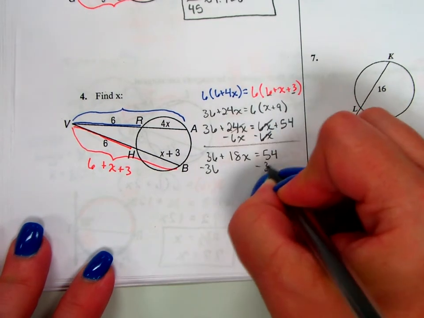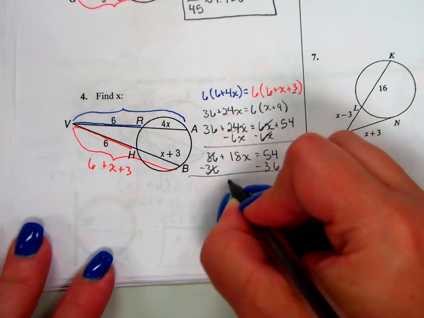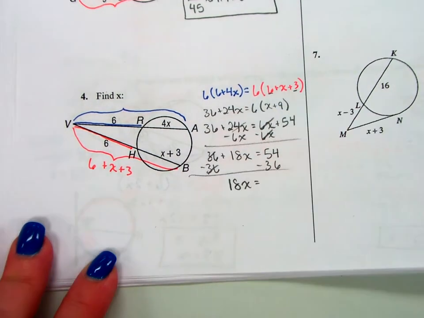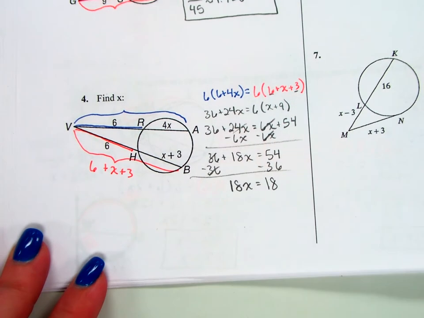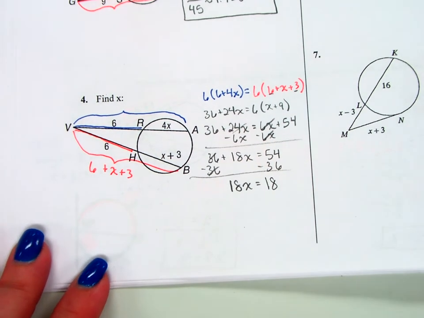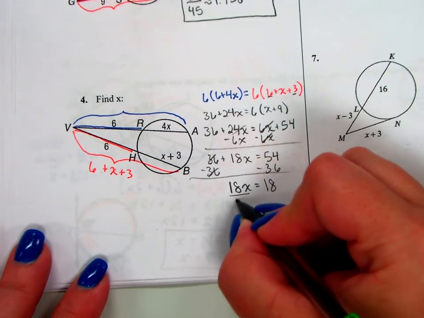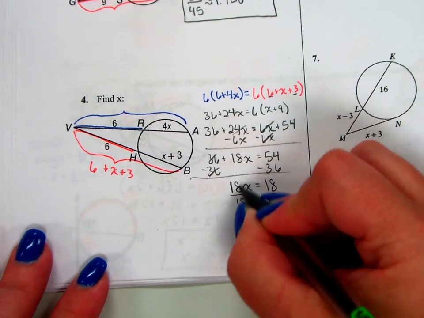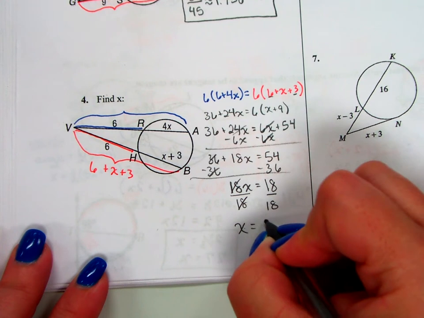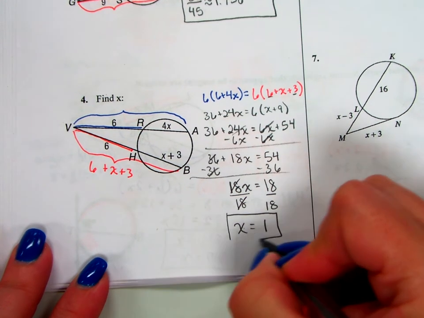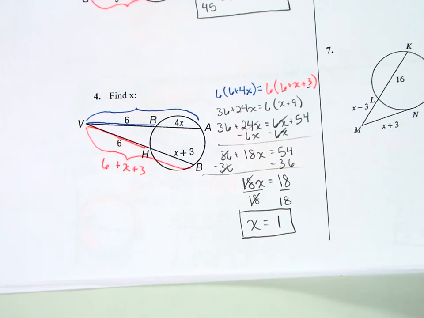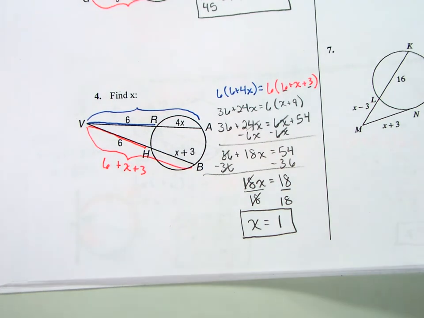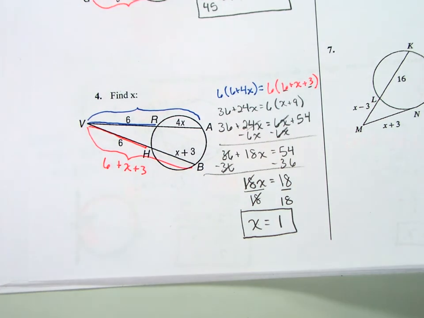Subtract 36. 18x equals 54 minus 36 is 18. Then what? Divide by 18. And how big is x? 1. Okay. Questions on 4?